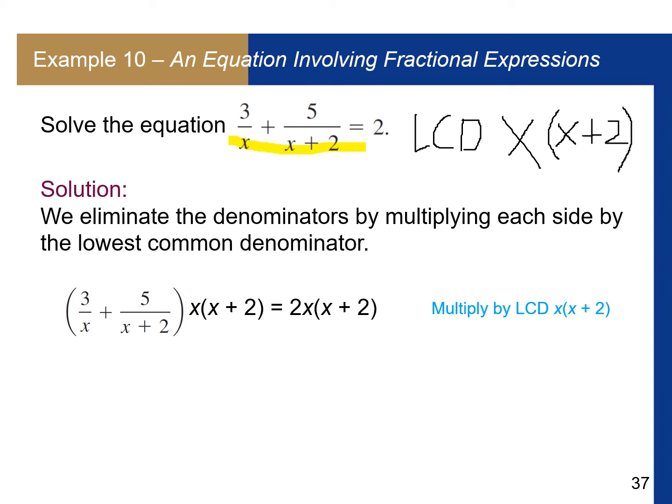Okay, so there it is on both sides. And when I do that, I will get rid of my rational expressions. And now I can simplify by distributing through the 3 and then combining like terms.